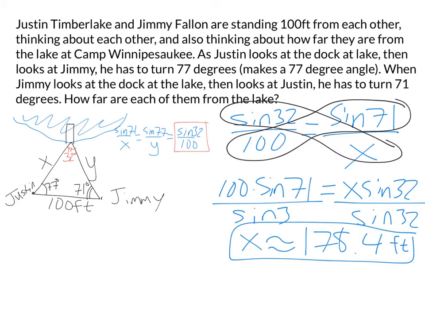So let's figure it out for Jimmy now. We have the sine, we're going to use this one again, sine of 32. I'm going to move that up a little bit. Equals, and then when we're solving for y, it's the sine of 77 over y.